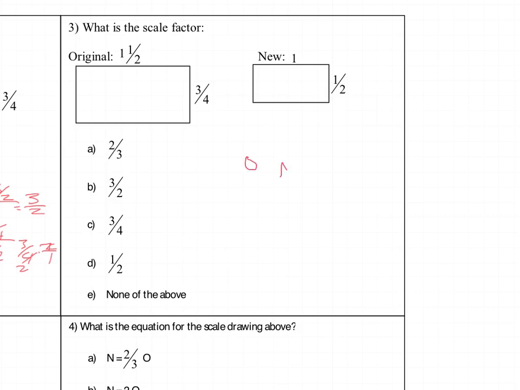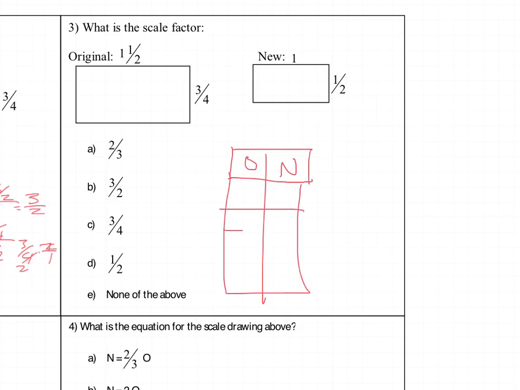So original to the new. Our original is 1 1/2, its corresponding side is 1. And our original is 3/4, its corresponding side is 1/2.